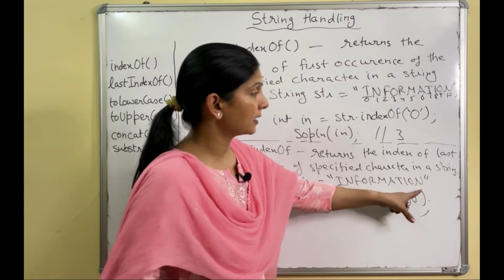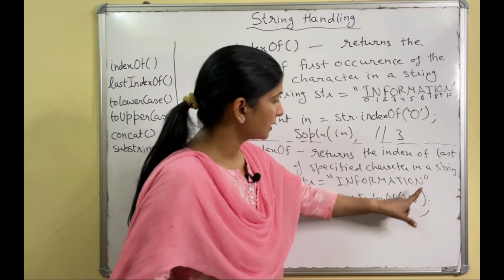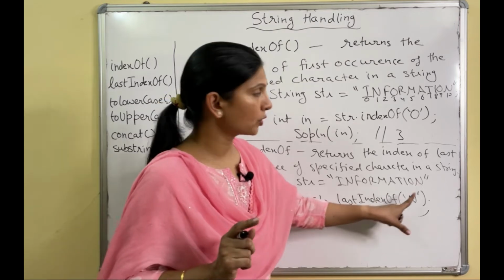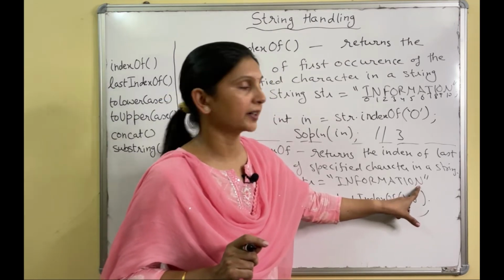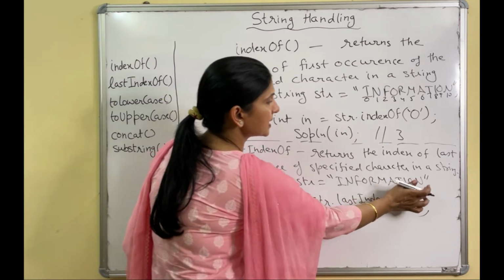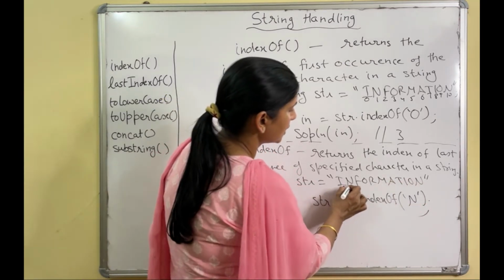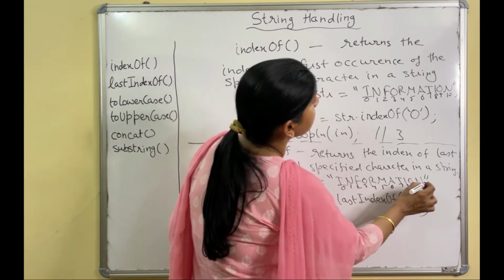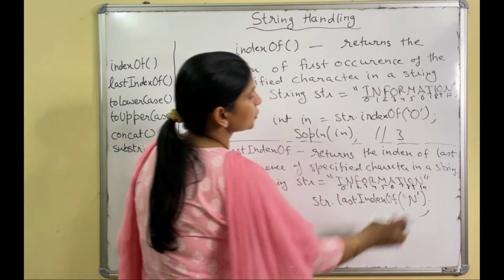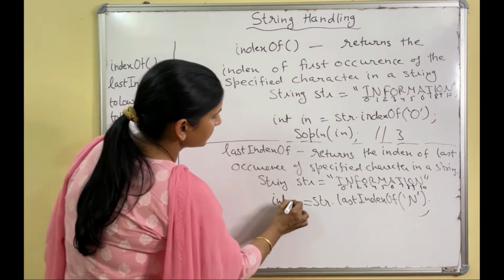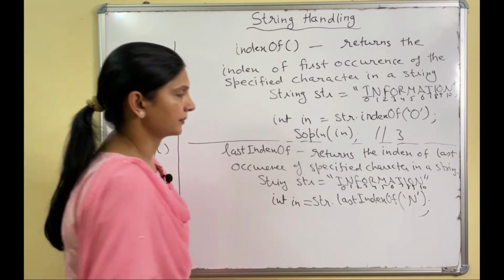Which n index will be returned? lastIndexOf will return the index of the last occurrence of the specified character. So this is the last occurrence. What is the index of this character? If it starts with 0, 1, 2, 3, 4, 5, 6, 7, 8, 9, 10, then 10 is the character index, and we will assign it to an int again.